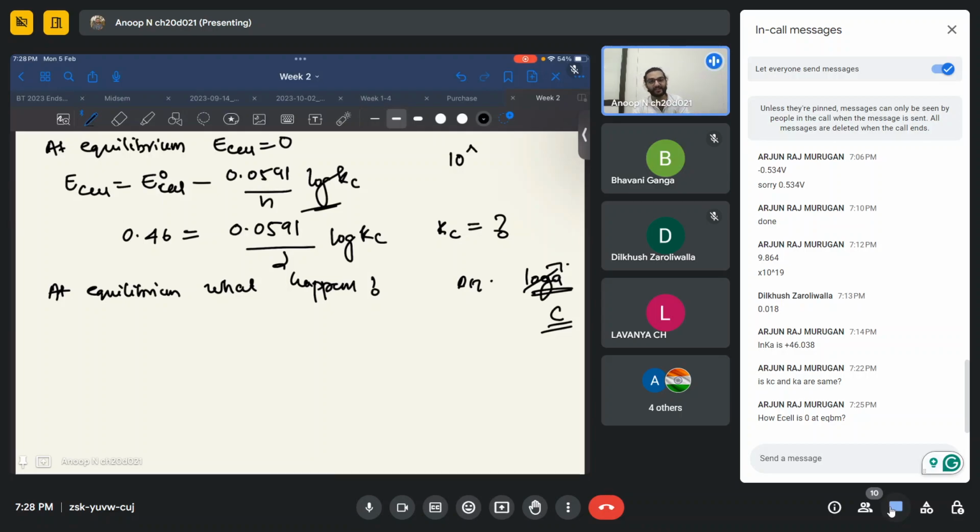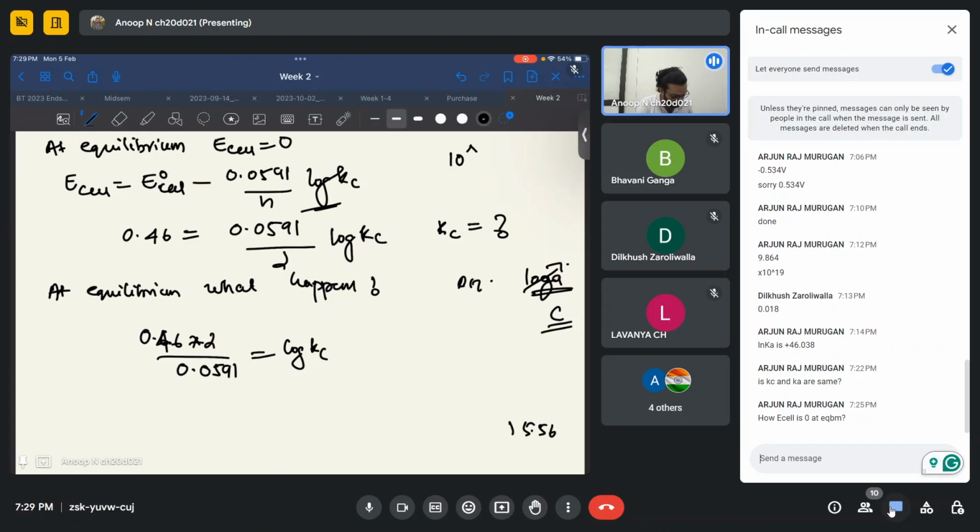That value you have to take 10 raised to. Yeah, no problem. 0.46 into 2 divided by 0.0591 is equal to log Kc. So what's the value coming? Let me take the calculator once. 0.46 into 2 divided by 0.0591. It's coming 15.56.